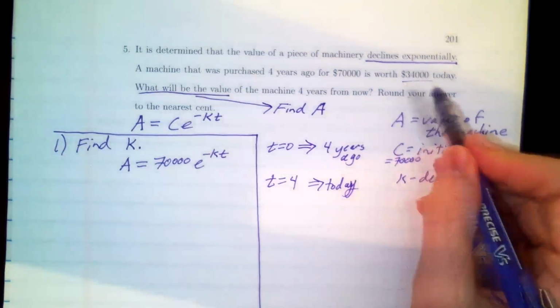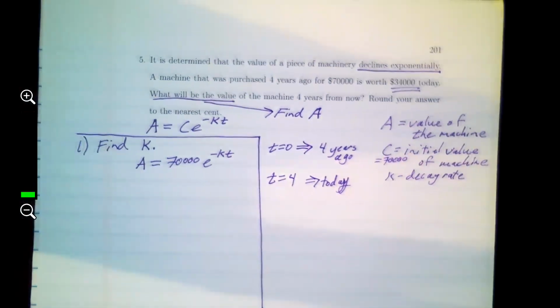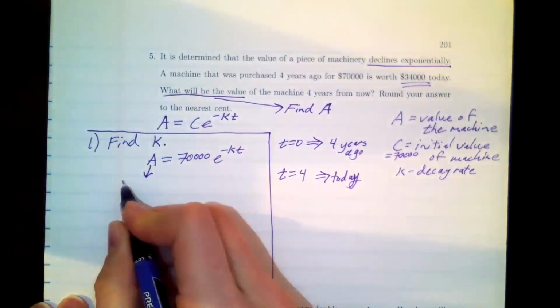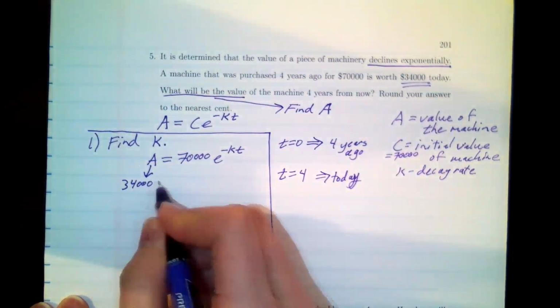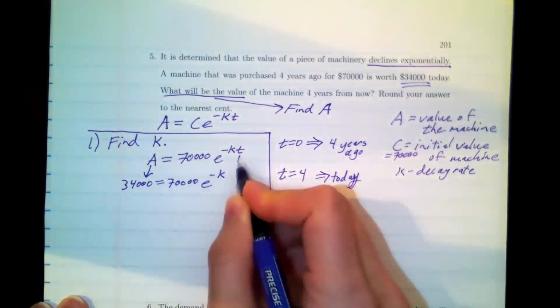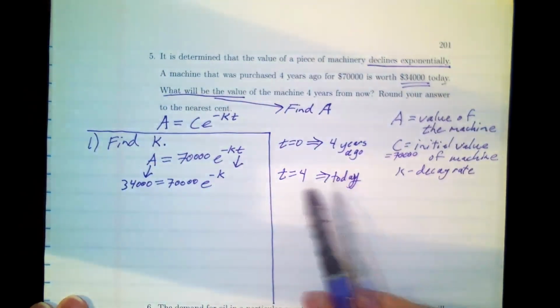Let's use this second data point here to help me solve for K. So at that particular point, the value A is 34,000. And T is today. That means T is 4.